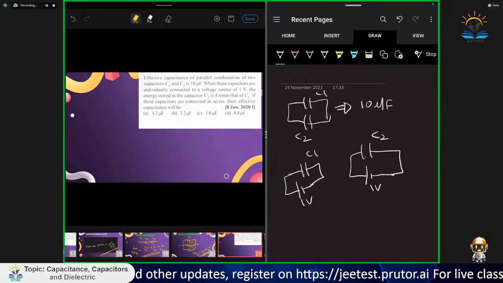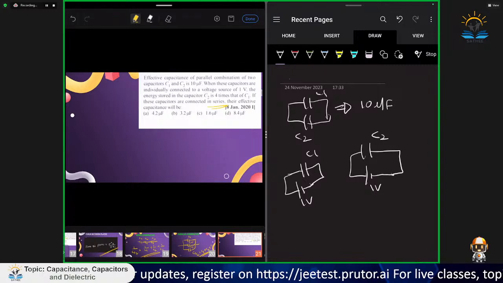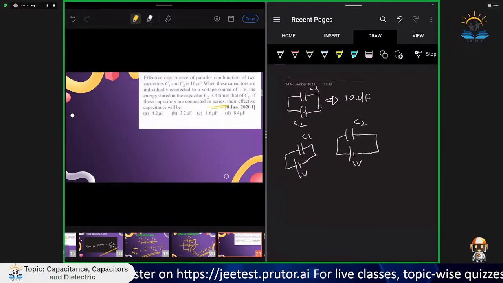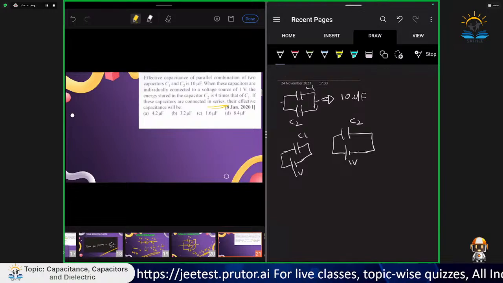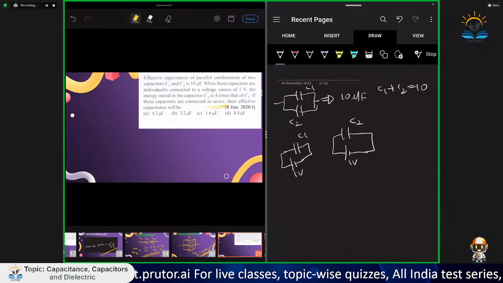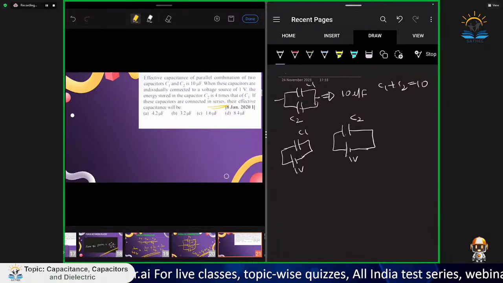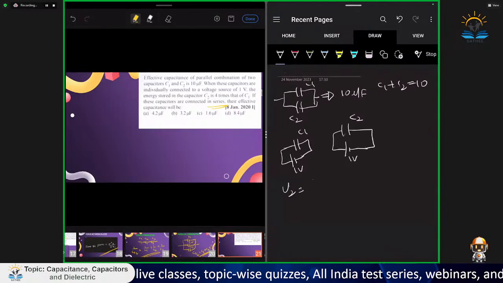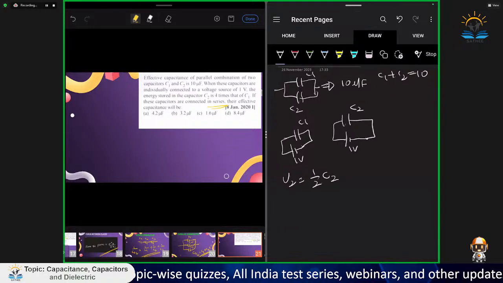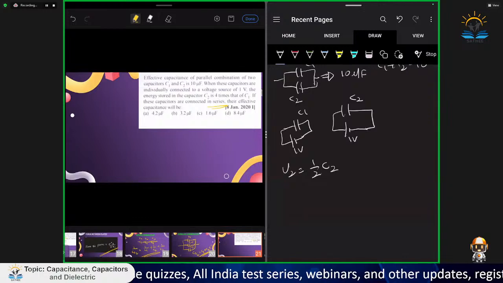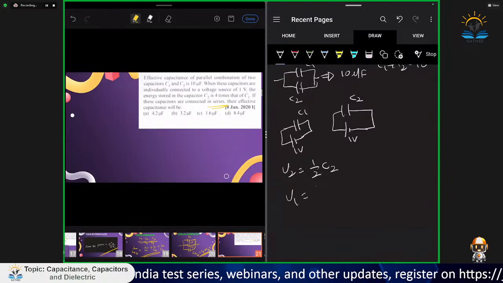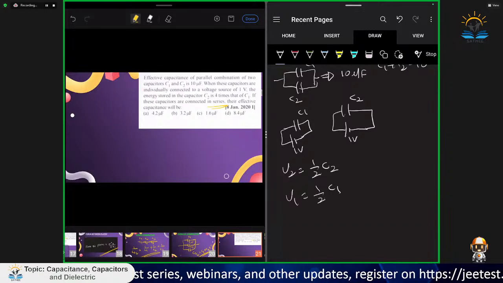And if these capacitors are connected in series, what is their effective capacitance? First we have to find out C1 and C2. In parallel connection, C1 plus C2 is given as 10. Energy stored: U2 will be half C2 V square, V is 1 volt, so half C2. And U1 will be half C1.